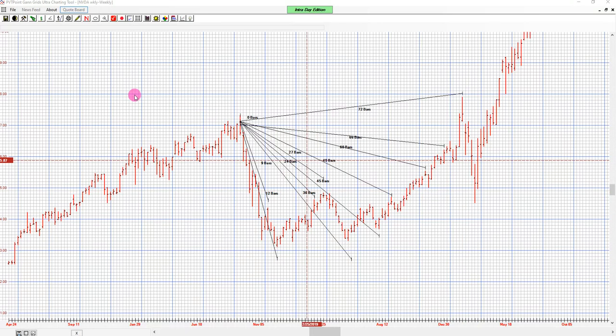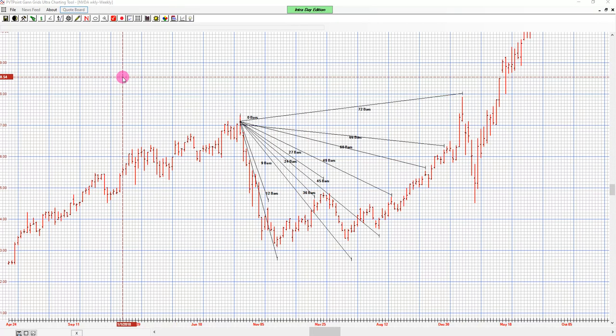Here's the actual software. I've adjusted the grid to $1 between the big block and the 10 squares inside the big square, an increment of 10 cents apiece, since we're looking at the stock now in the $6, $7, $8, $10 range.